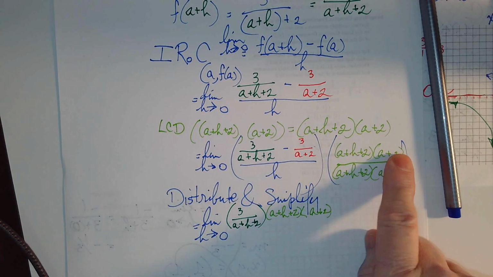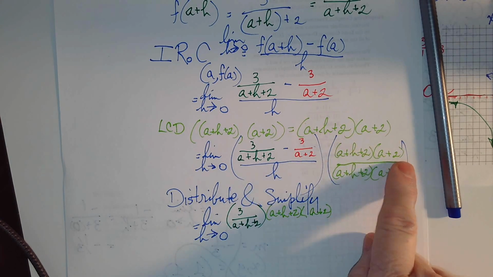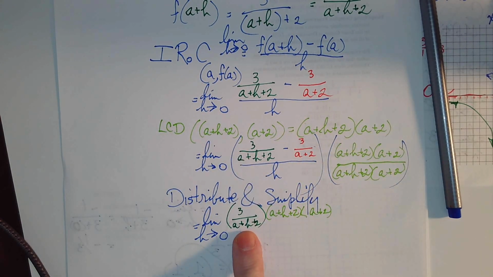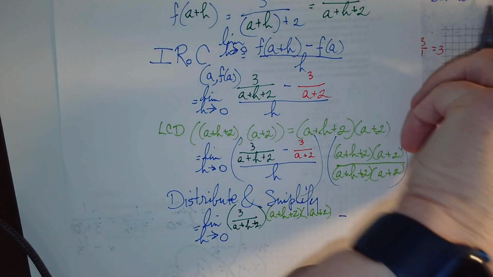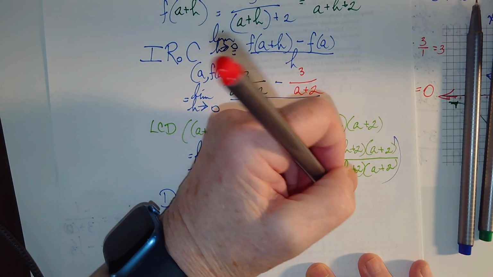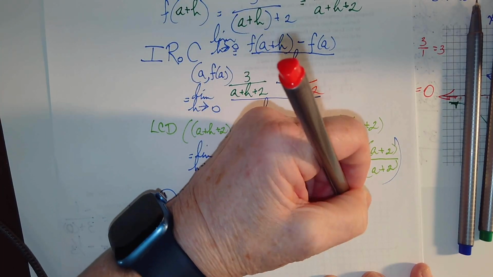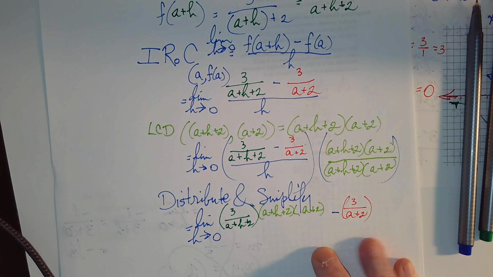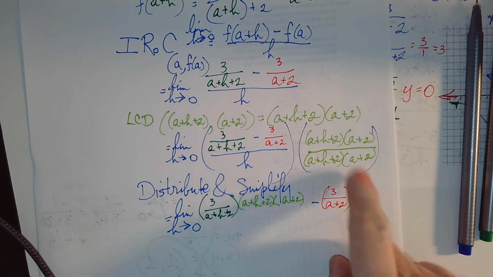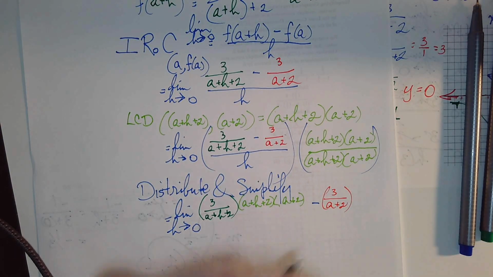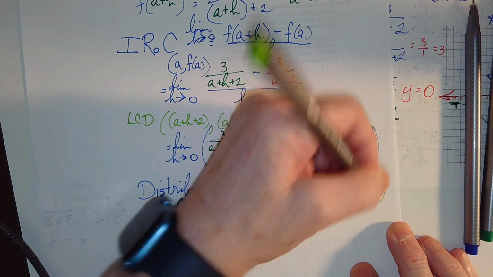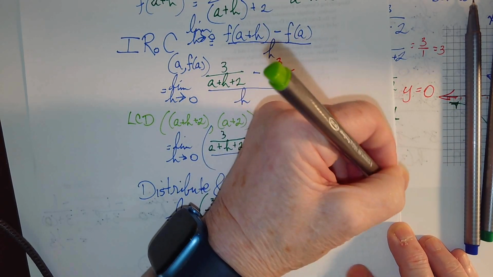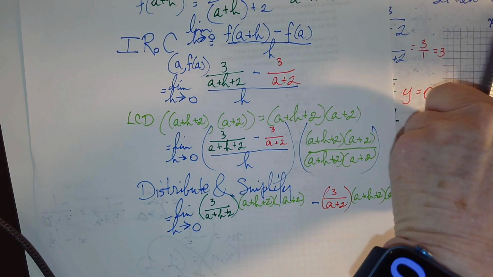We're multiplying both factors by the first term, and then minus 3 over a plus 2, multiplying the second term by both factors, so it's a plus h plus 2 times a plus 2. And we're going to do the same thing in the denominator.